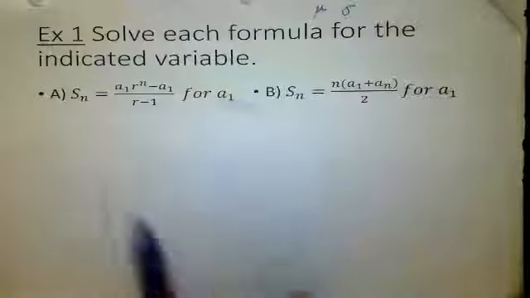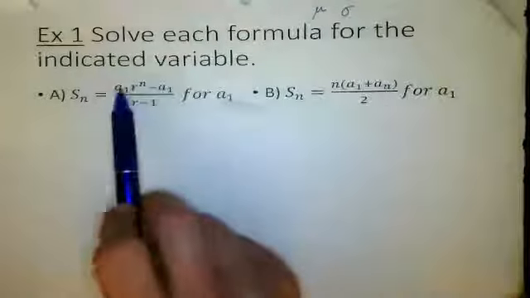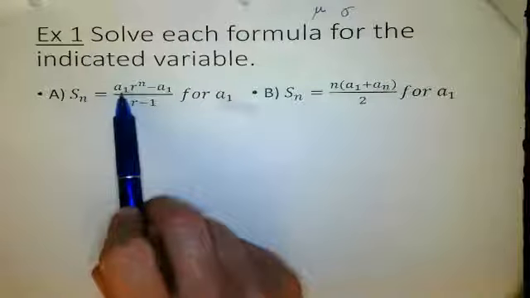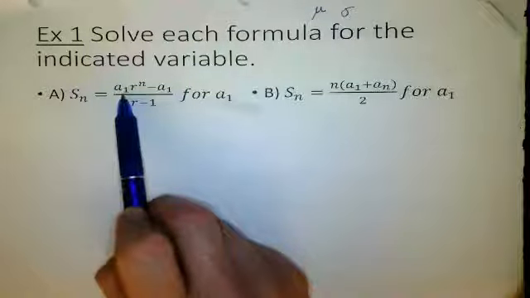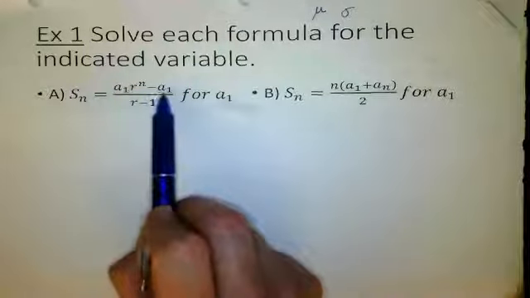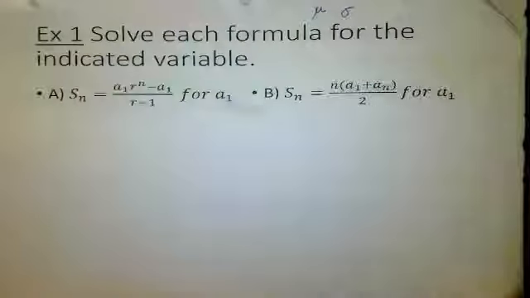All right, these formulas are both rather complicated looking. This notation, the way we would say it is A sub 1, as in subscript 1. This would be R to the n minus A sub 1. We're trying to isolate A sub 1, meaning getting it by itself.